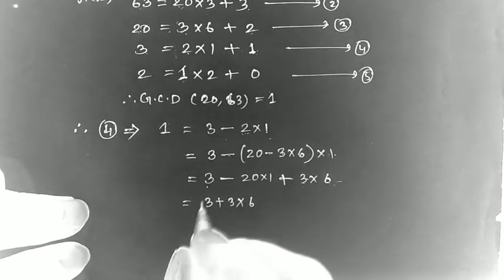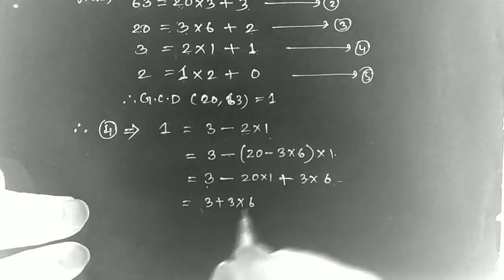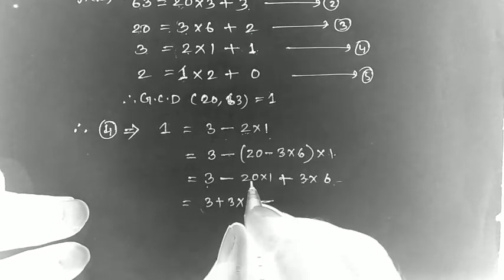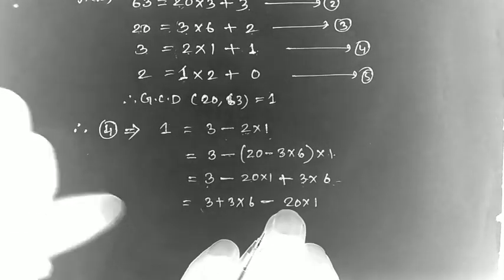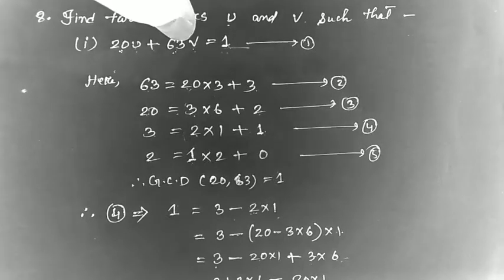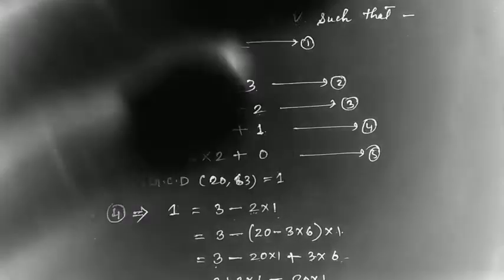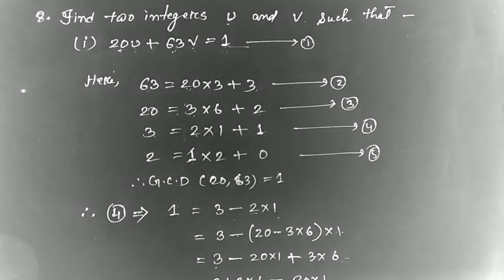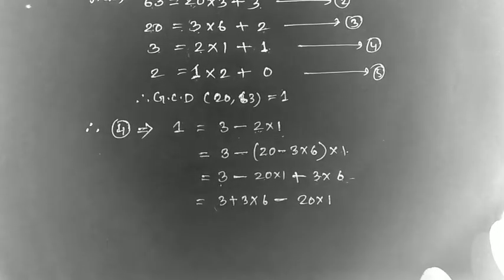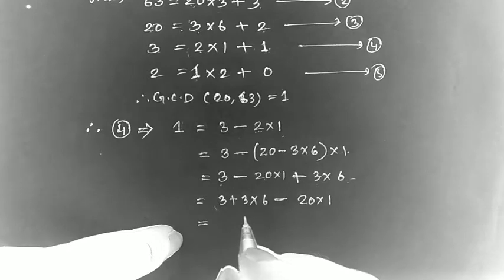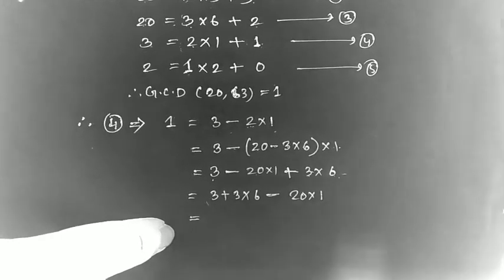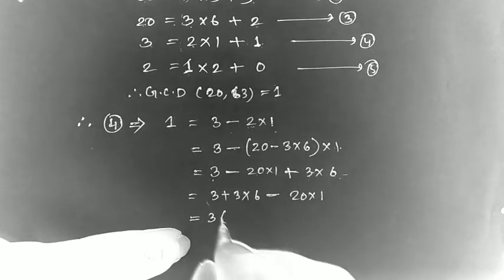The value of 1 is already put, and now we have to put the value of 2. If we carry the term 3 into 6 this side, then the value of 2 is 20 minus 3 into 6, and then into 1.